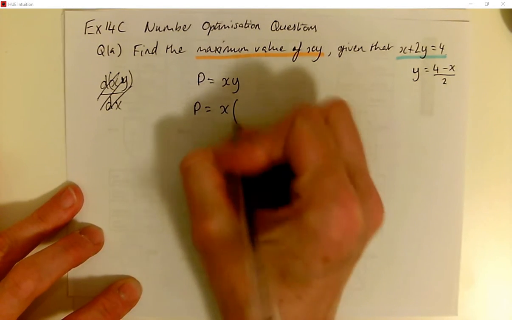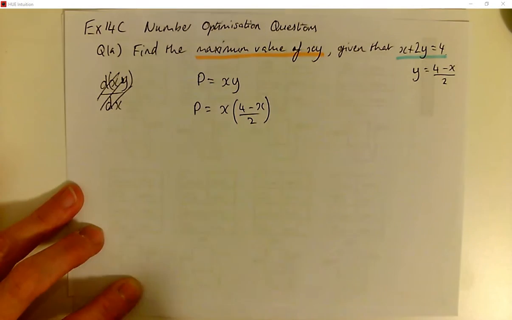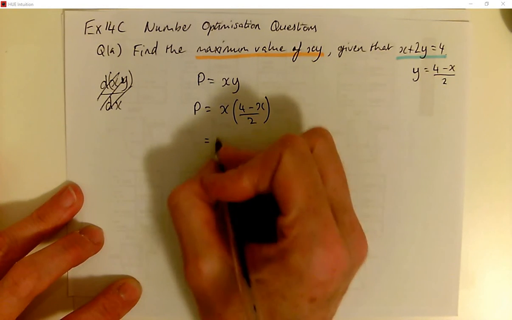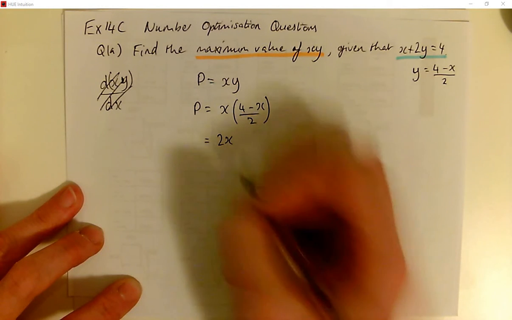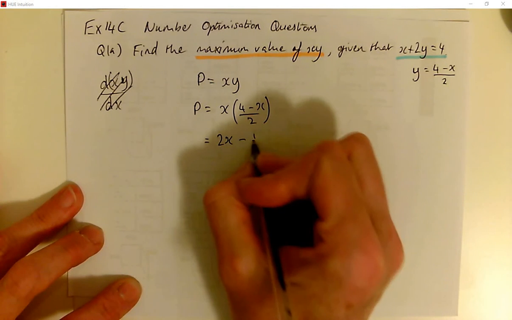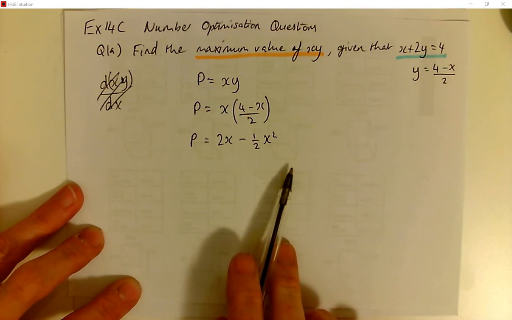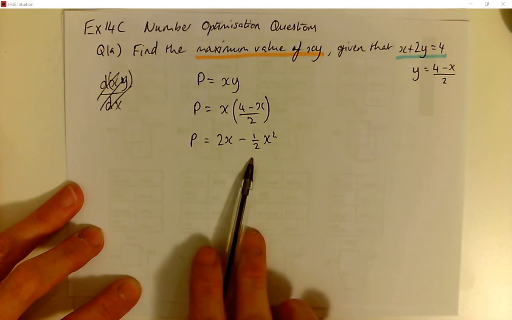So p is x times (4 minus x) over 2. If we expand out those brackets, we're going to get 4 times x divided by 2, and we're going to get x times minus x divided by 2. Okay, there we go. So that's much more sensible. So we want to maximize the product with respect to x.